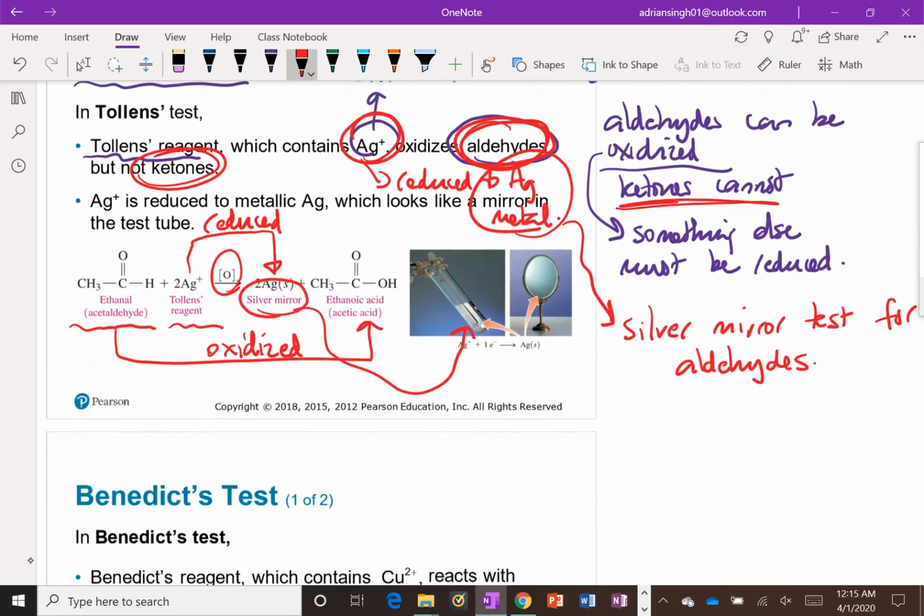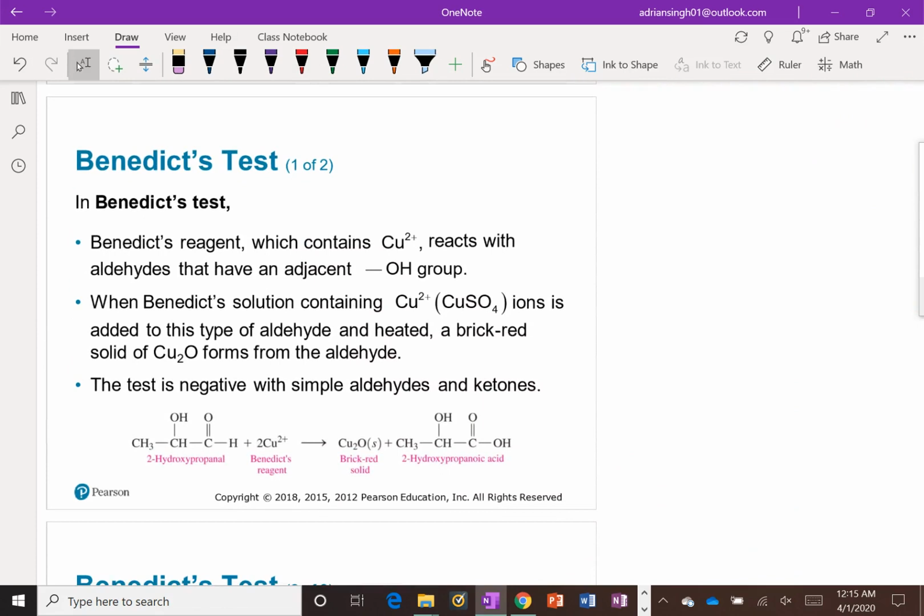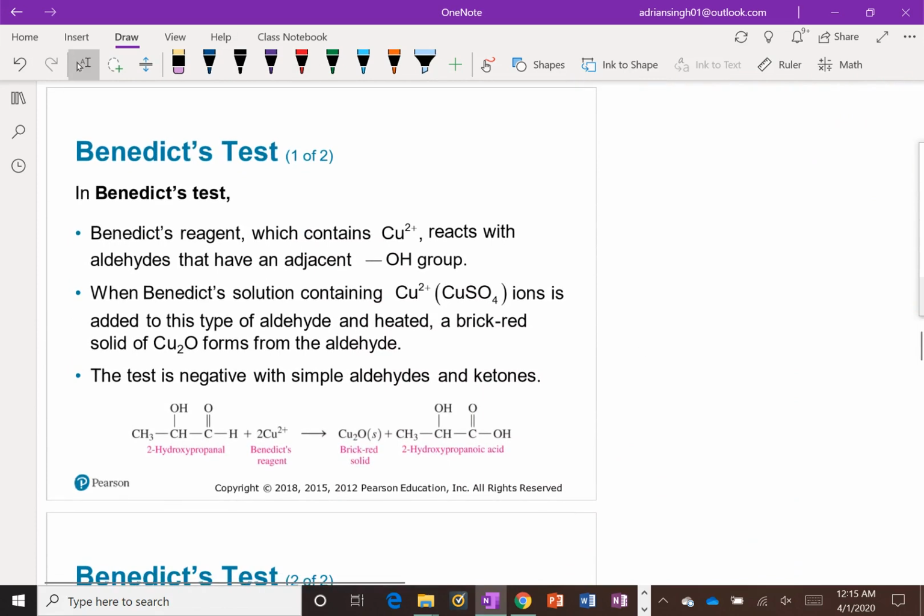ketones cannot be oxidized. Another test that you'll see, especially in carbohydrate chemistry, and if you've taken some biology classes you've probably done this test already, is called Benedict's test, which invokes the use of Benedict's reagent. The Benedict reagent contains the copper 2+ ion, which is blue.